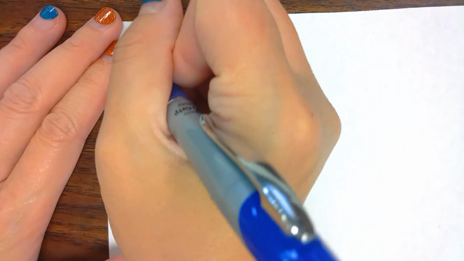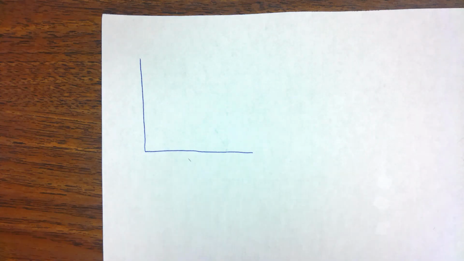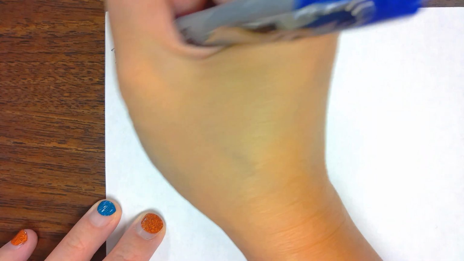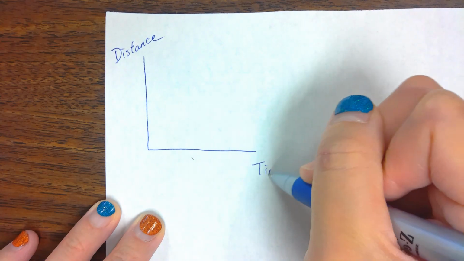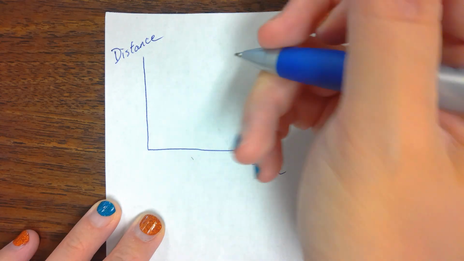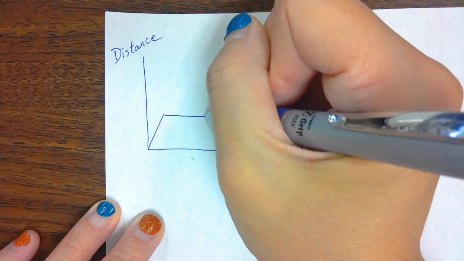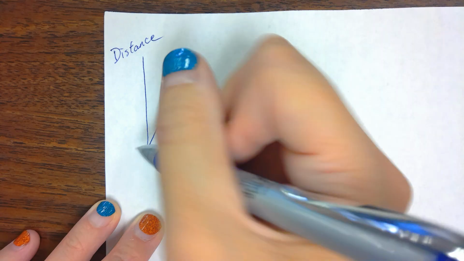Let's say I'm drawing a distance time graph right here. So flip it over on the back. So let's say this distance time graph, something like this.